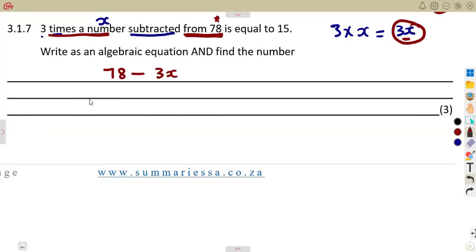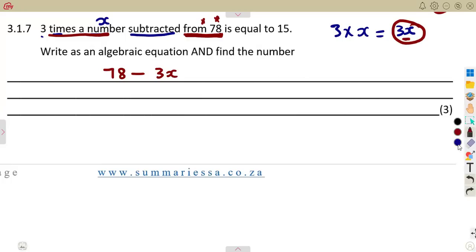Guys, be very, very careful with your word problems, those small English terms, let us revise them. Subtracted from, it is removed from this. You start from there. We saw it from that previous question that we had, if you still remember.